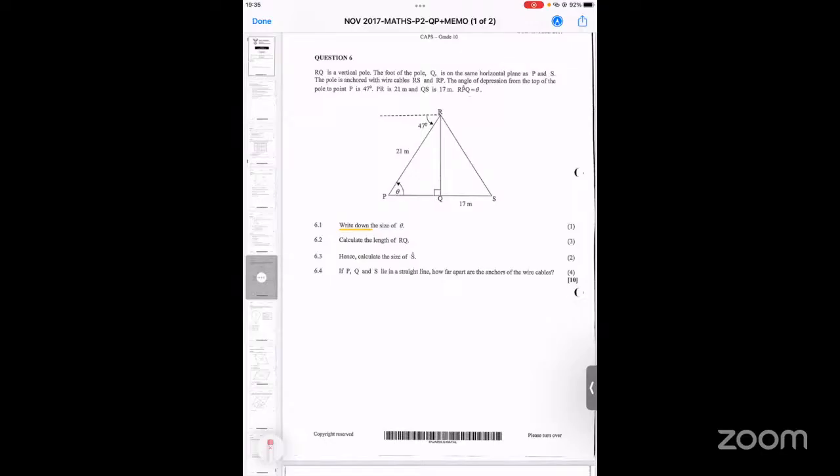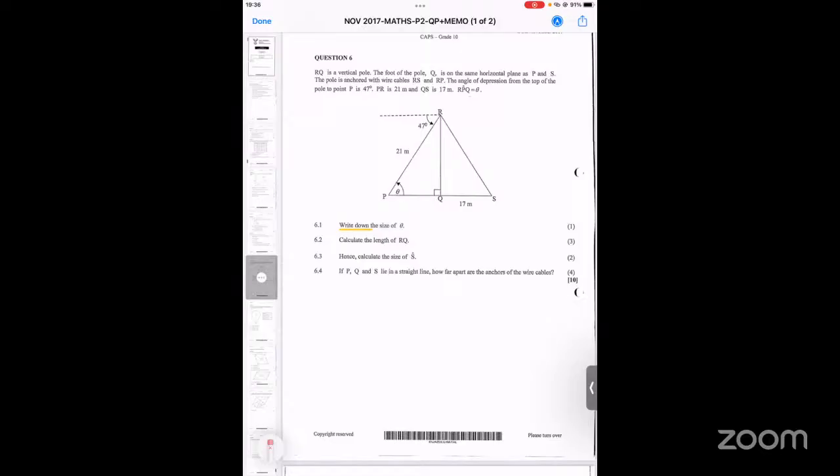The one that is attached to RQ, is it a right-angled triangle? Yes, sir. Okay, then if you have a right-angled triangle, what tools do you use? Number one, theorem of Pythagoras. What other tools do you use to solve problems related to a right-angled triangle? We also use SOHCAHTOA.